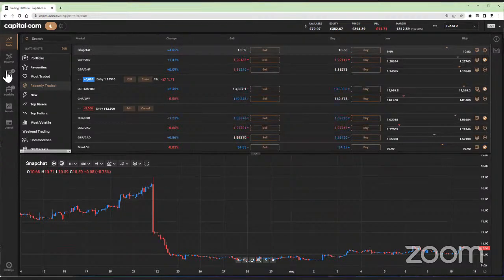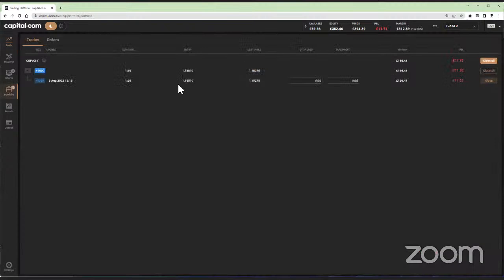If I go to portfolio, I'll show you everything in a minute. So you can see I'm already in the trade, GBP CHF, so that's Great Britain pounds and Swiss francs, of course. And it's a long. Long is when you're betting that the market will go up.